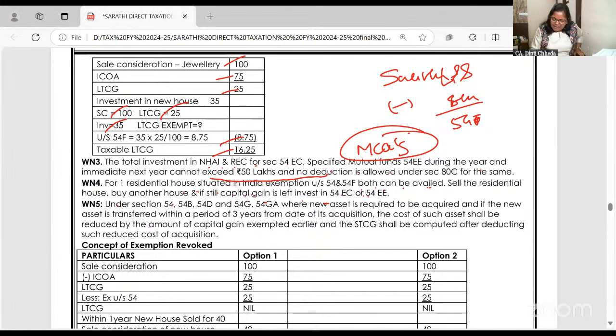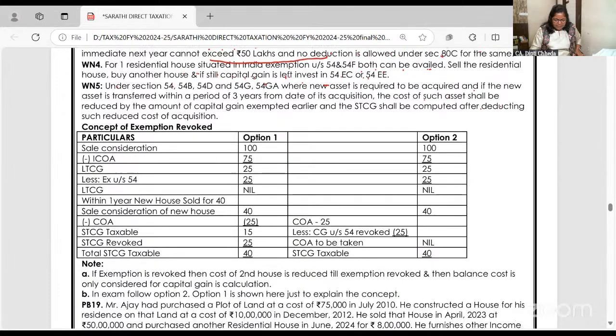And against that same land and building you have purchased bonds also. So can you claim both? Yes. Sell the house and buy the house, and if capital gain is still there, you can put the money in bonds and mutual fund. If the new asset is acquired and if it is transferred within 3 years, it will be revoked and short-term capital gain will apply.